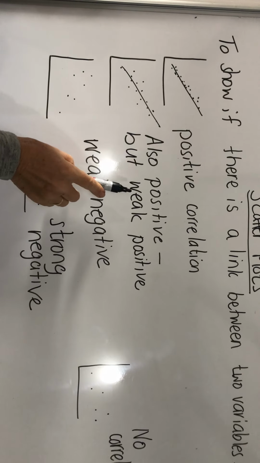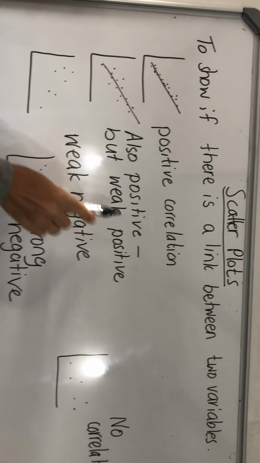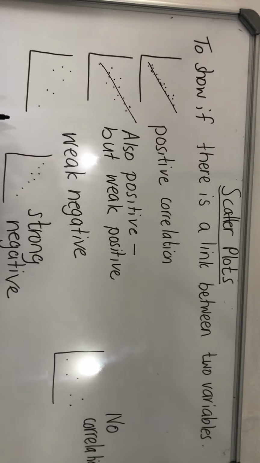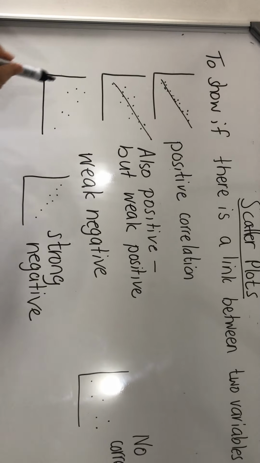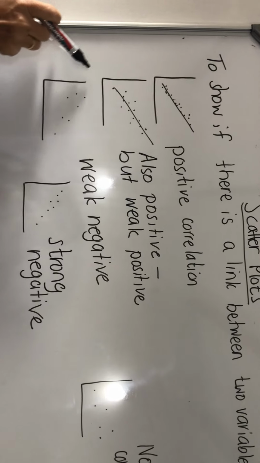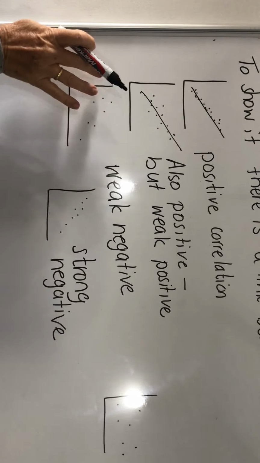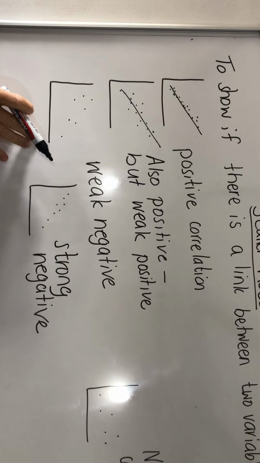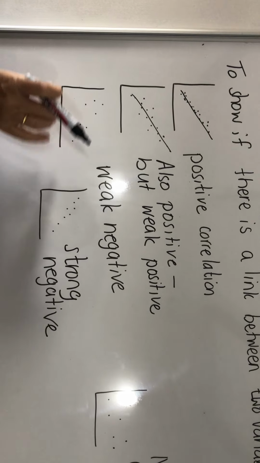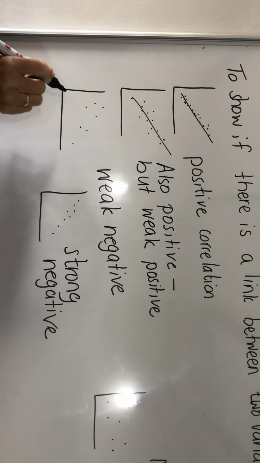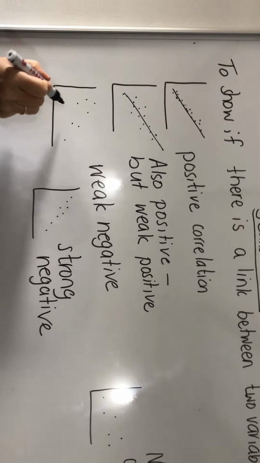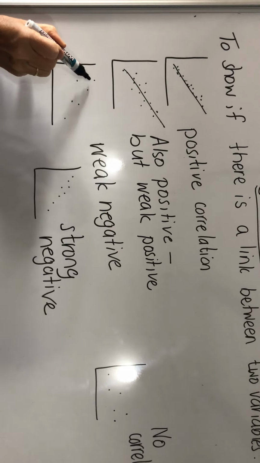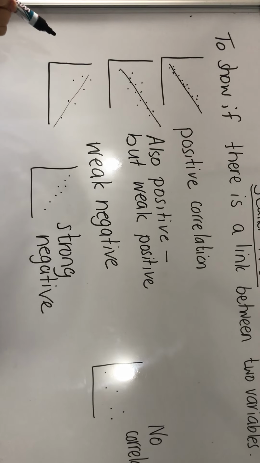But we could give another word. We could say this is a weak positive correlation. In the third example, I can distinctly see that these points have a downward trend, a decreasing line. However, the points are not closely clustered to a line, but I can still see a line of best fit maybe running through there.